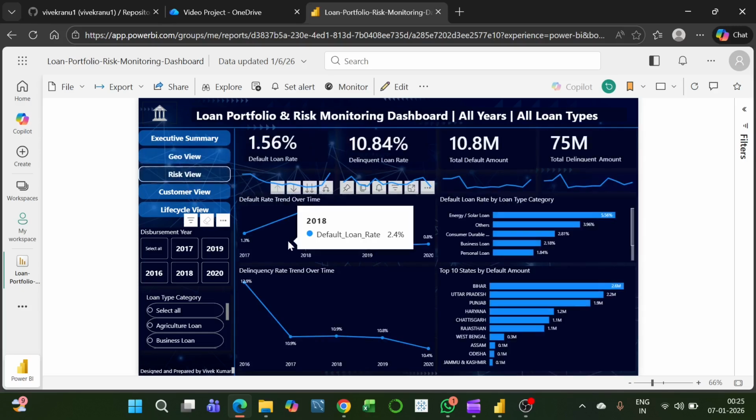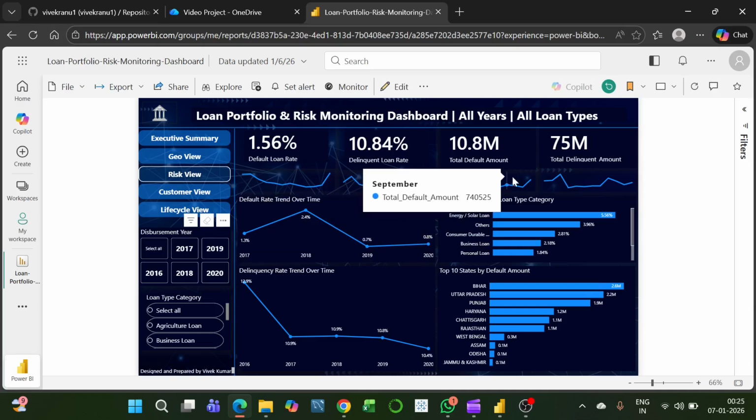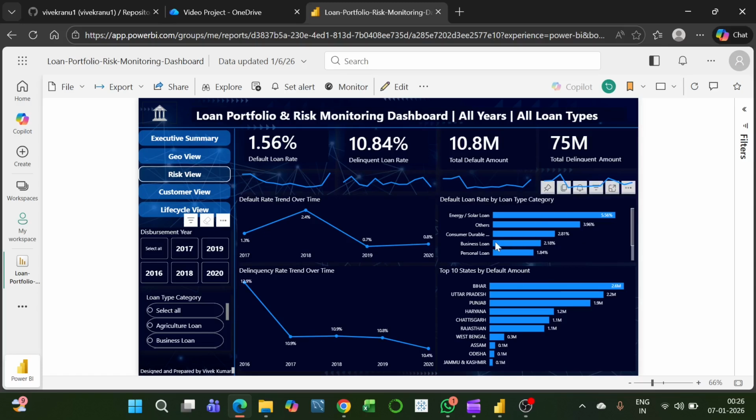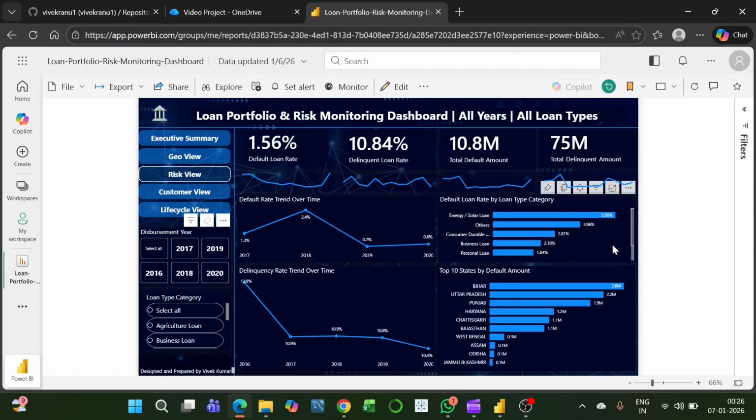Next, let's move to the risk analysis view. This page focuses specifically on credit quality and risk exposure. Here I am analyzing default loan amount, delinquent loan amount, risk distribution across loan type, and trend of risk over time.